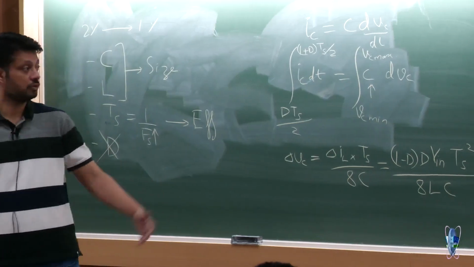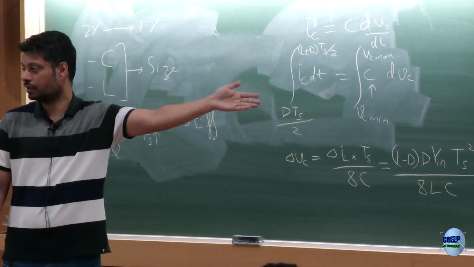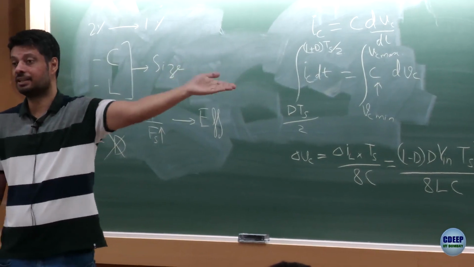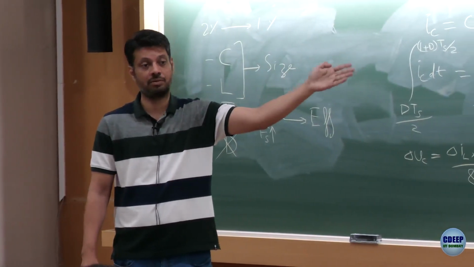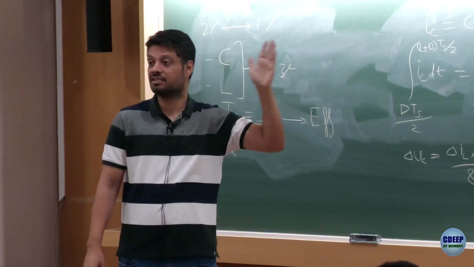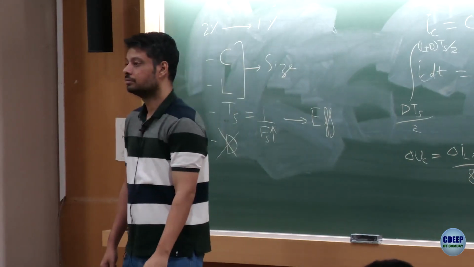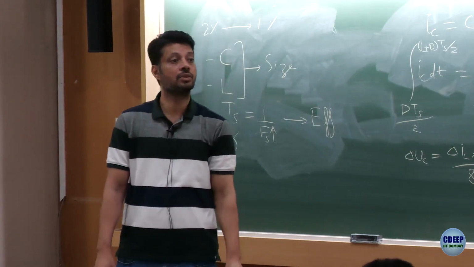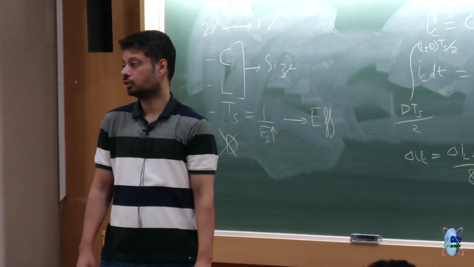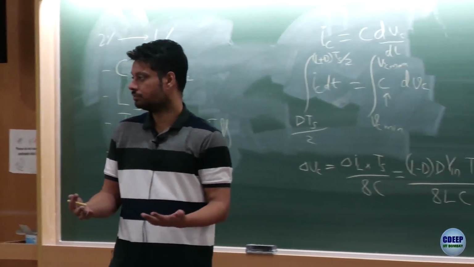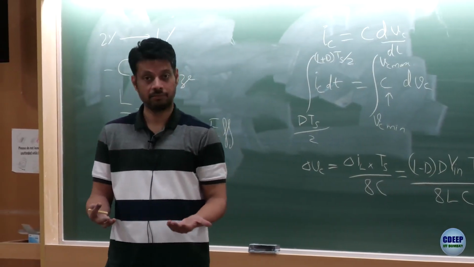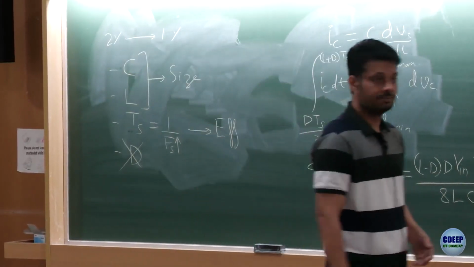So if you designed it with some R load, but in reality the load is the horn which we have seen, and now you connect the actual load, will your ripple still be 1%? Yes? No? No, right? Will it be more than 1%? Yes? No?